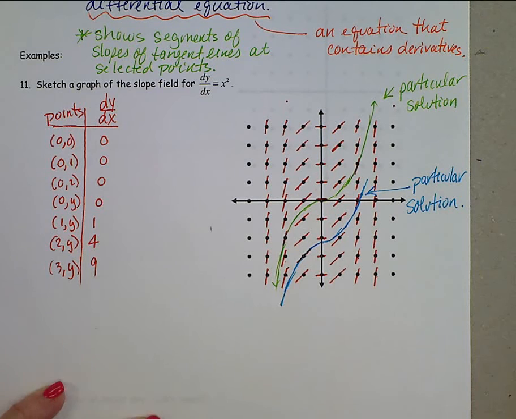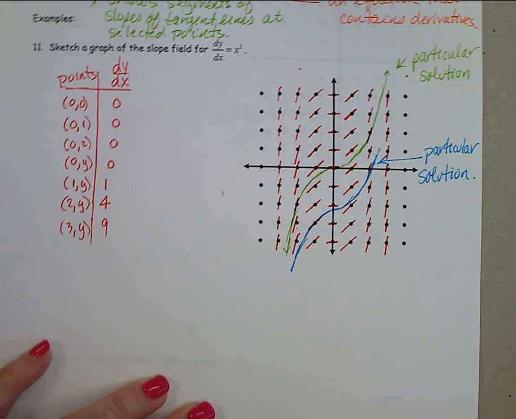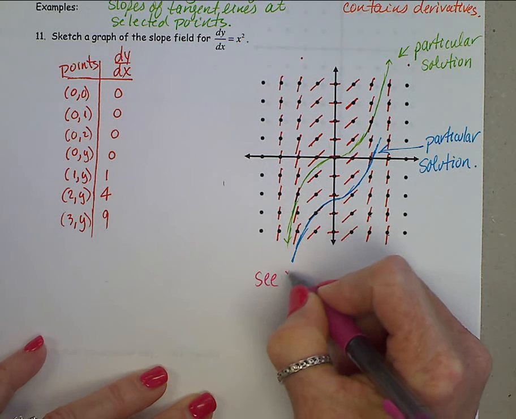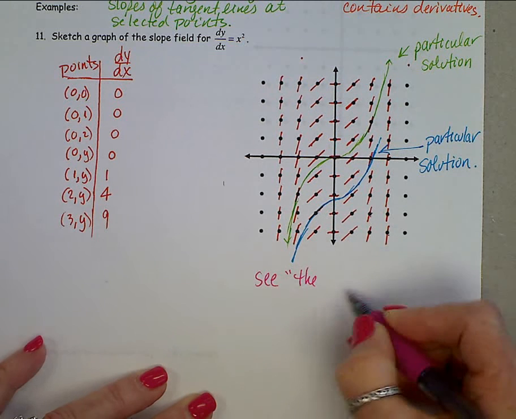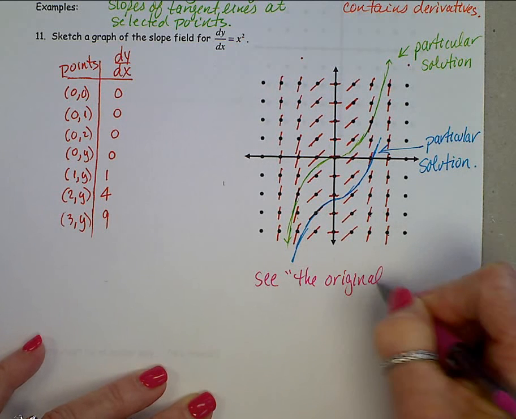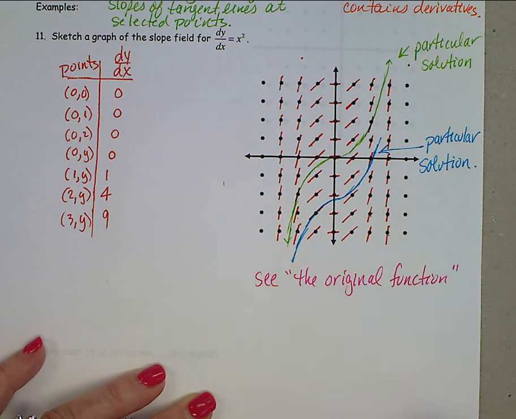And what we see, the general trend of the slopes here, is the original function, what it was before we took a derivative. What shape is that curve?